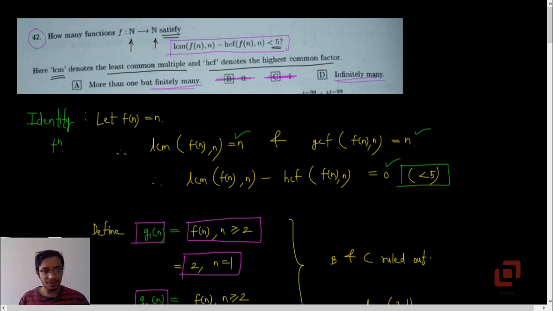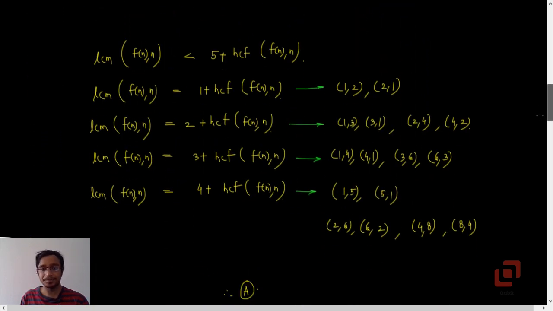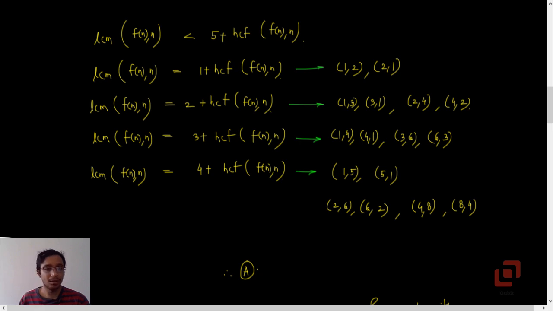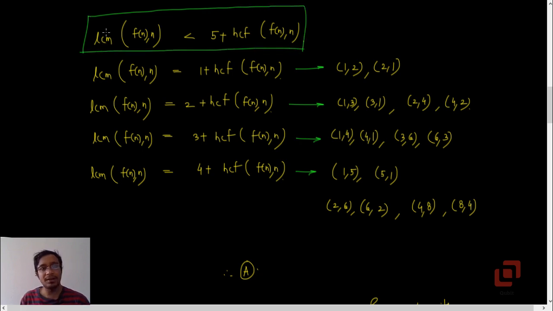Now to answer that question, we need to think in the following manner. Let us try to convert this inequality into equations. In the problem they are saying LCM minus HCF less than 5. I have just shifted HCF to the other side. And we know that all of them are going to be natural numbers.